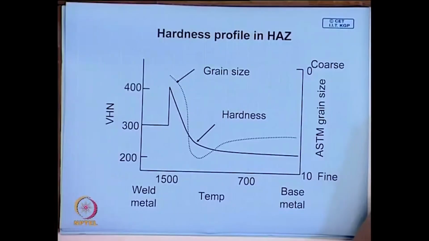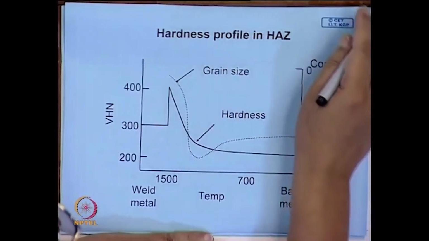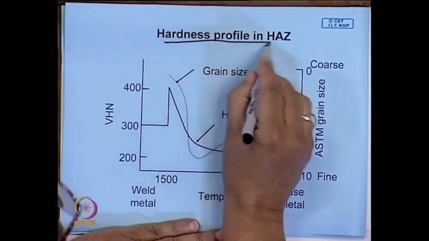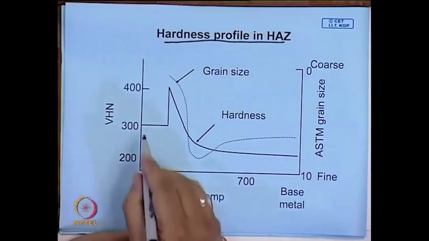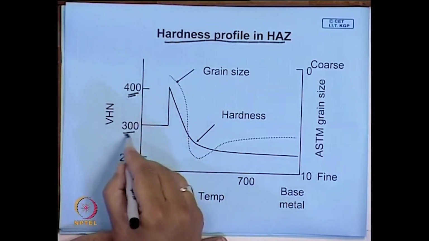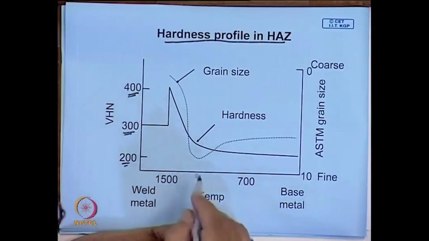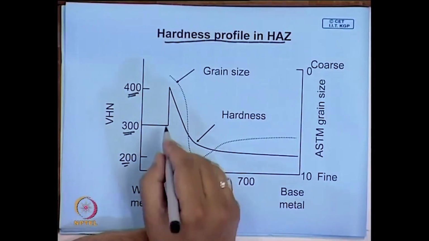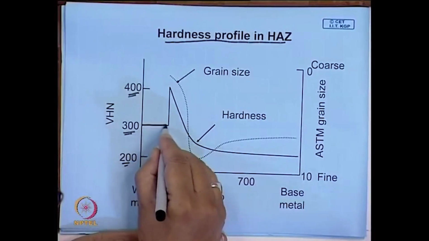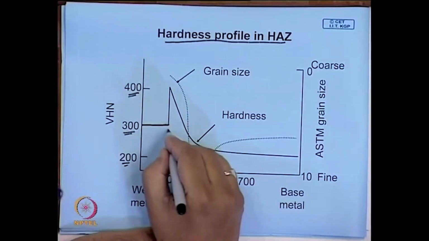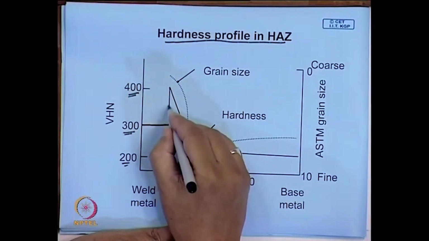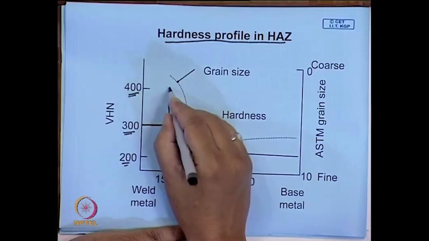Now, if you look at this hardness profile and make a plot in the heat affected zone, hardness is usually reported in Vickers hardness number. Depending on the carbon content, suppose it is a medium carbon steel, let us look at that heat affected zone. We said that here there is a chance of martensite formation because the grains become very coarse.